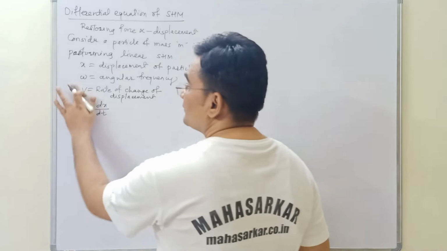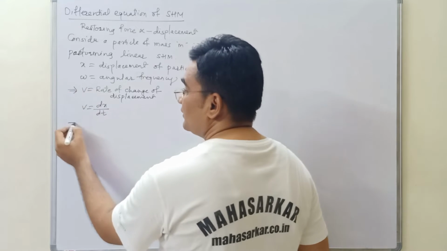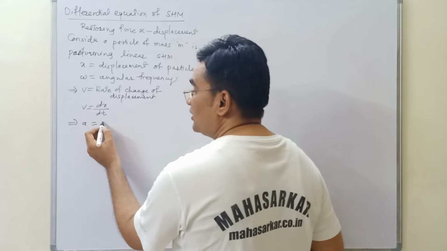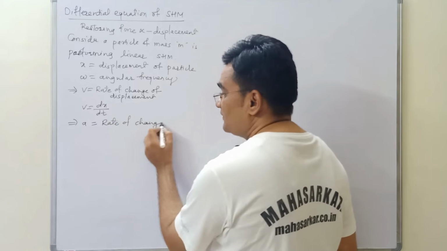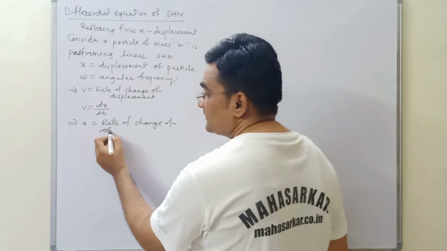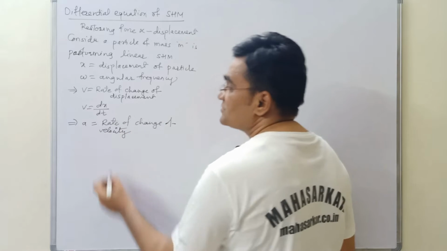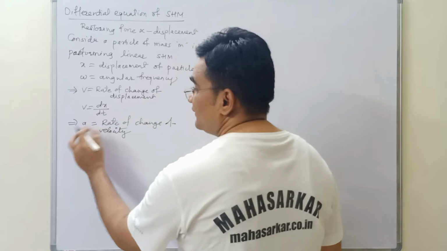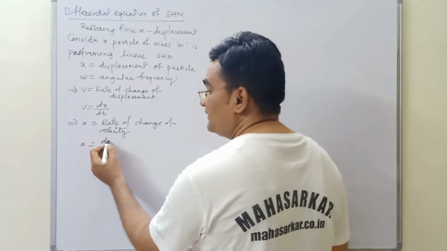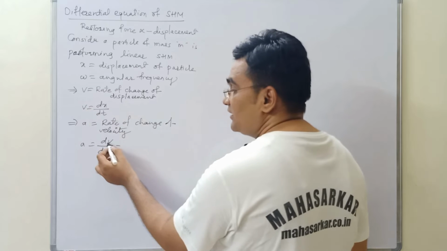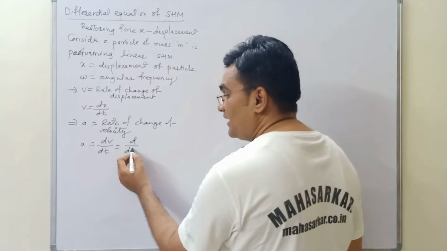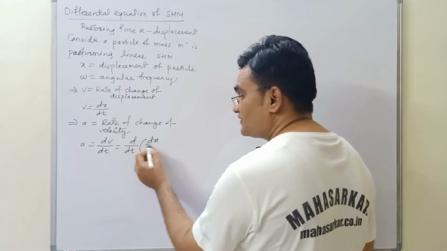Also, we have learned that acceleration is what? Rate of change of velocity. So, acceleration here can be equal to what? dv upon dt. This dx upon dt, if I put for v, then it is d by dt of dx upon dt.